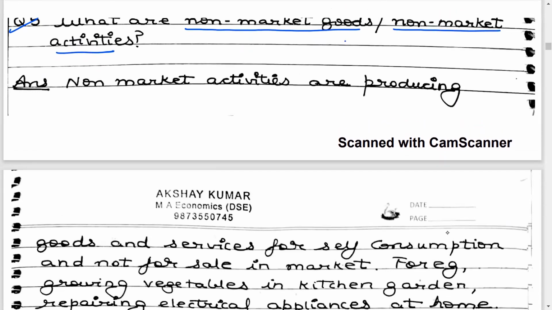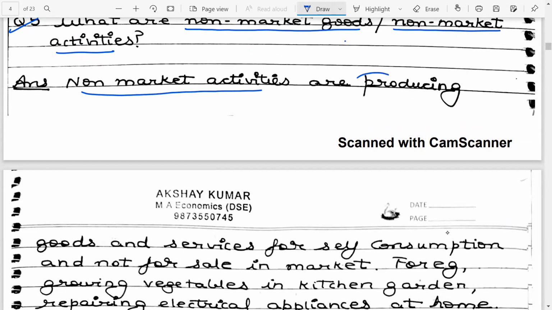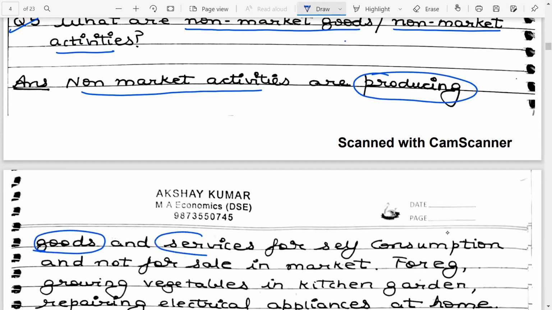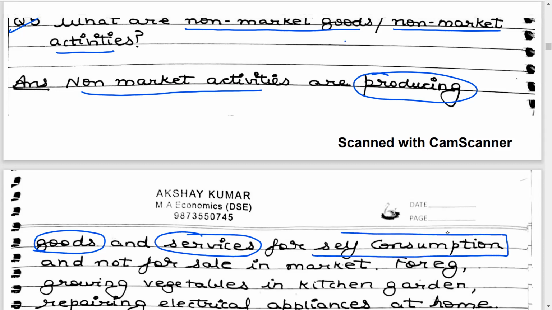So when we talk about non-market goods or non-market activities, these involve producing those goods and services which are meant for self-consumption and not for sale in the market.